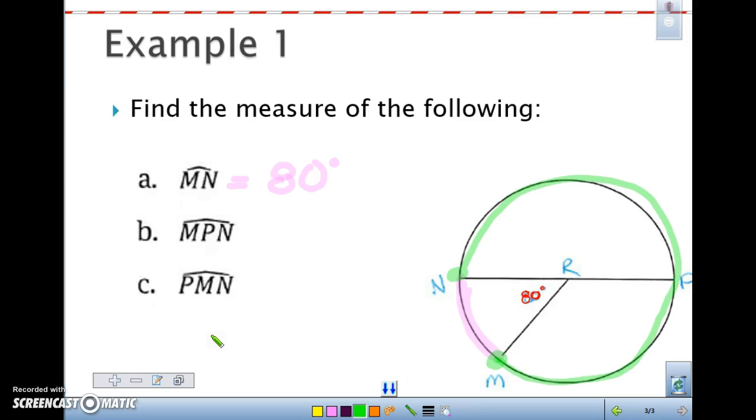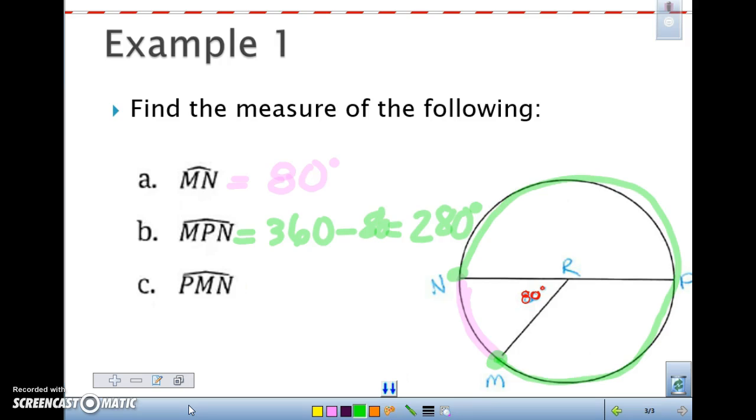So if this was a pumpkin pie and we cut this little slice out, how many degrees would be left? 280 degrees. 360 minus 80.